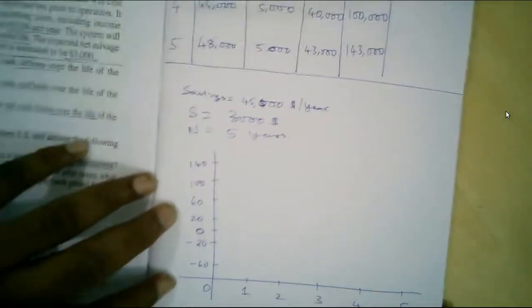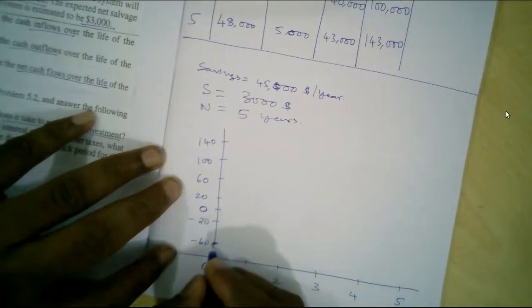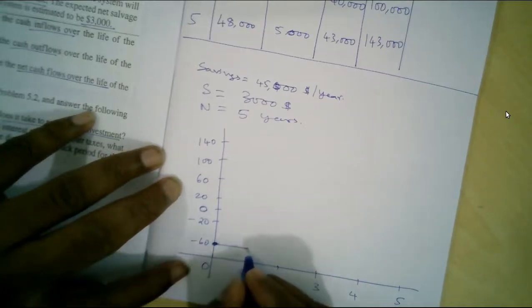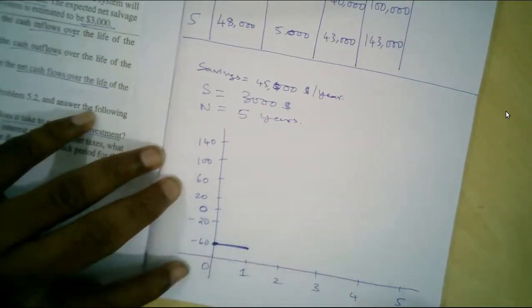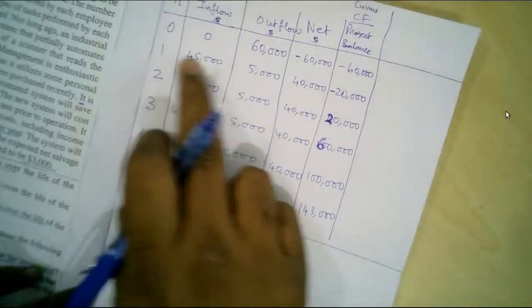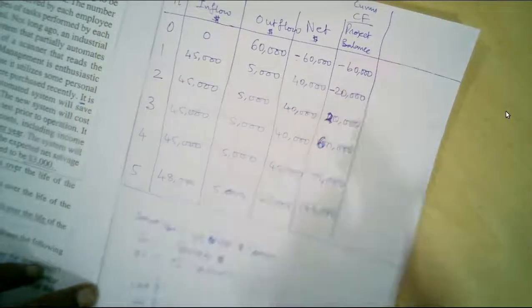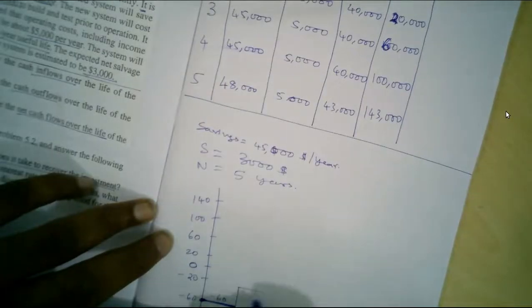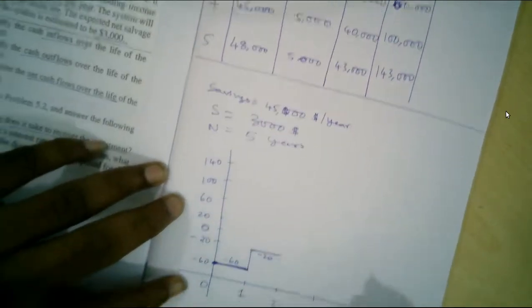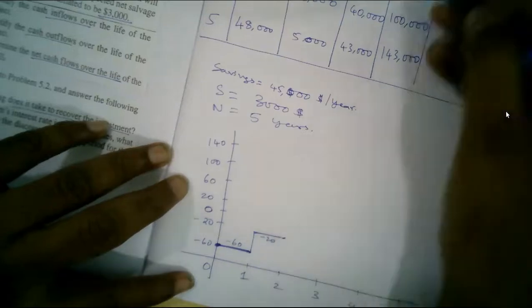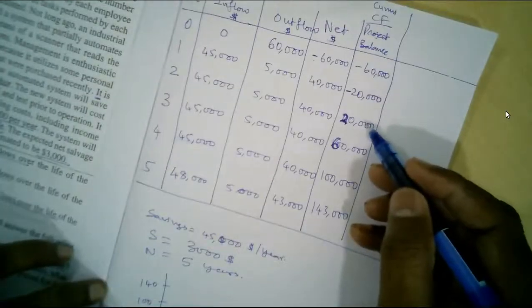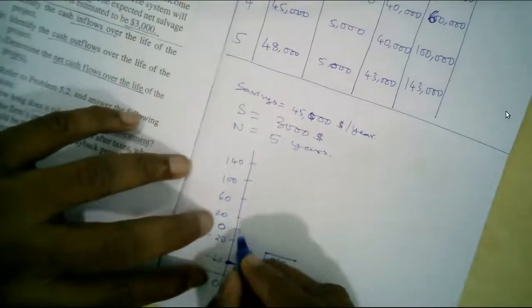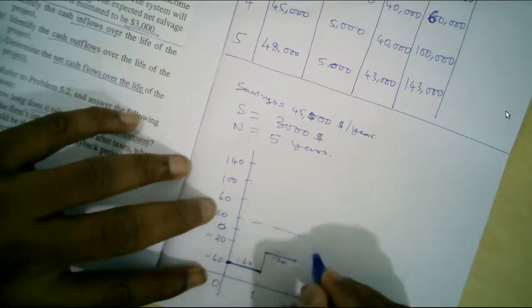Okay. So now in the year 0, we are here. So 0 to 1, it will be like this, minus 60. So next, at 1, it jumps to minus 20. At 2, it jumps to 20,000. So at 2 it will become plus 20.